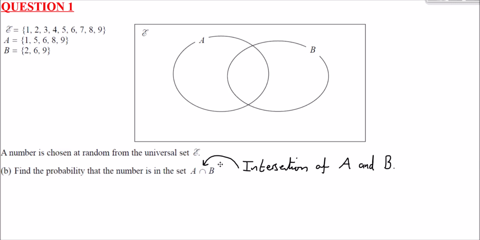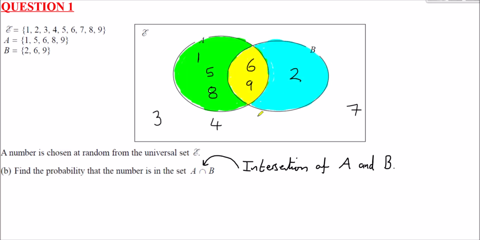The intersection means A and B at the same time, simultaneously. So, for example, the intersection of A and B would mean all items in this overlapping region here. And so, in other words, that symbol relates to this region. So what we need to do next is to remind ourselves of what we had from part A, and then we'll be able to see what numbers were in that region.